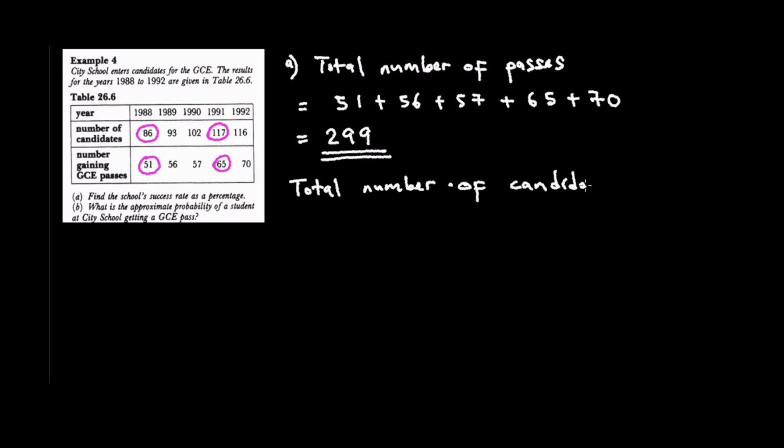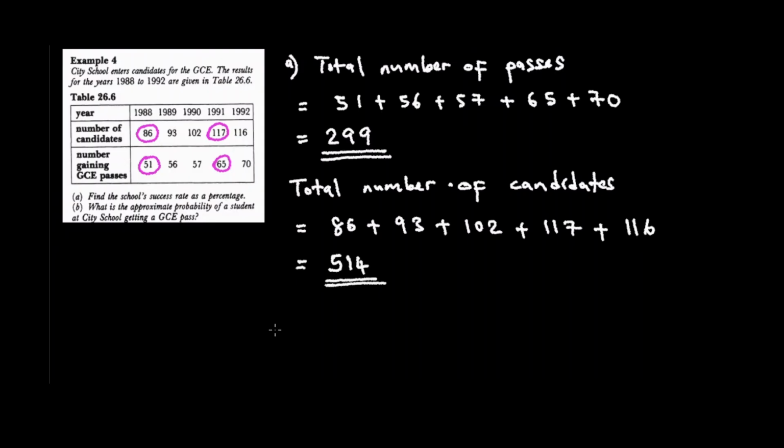Total number of candidates kureva kuti vese vakanyora muna 88 vaiva 86 tozoti plus 93 plus 102 plus 117 plus 116, total yedu it's 514. Saka kana takuda kuchiziva success rate inenge ingori equal to, because titsvaga success rate, saka iri equal to vakapasa over mastudents ese, like this.